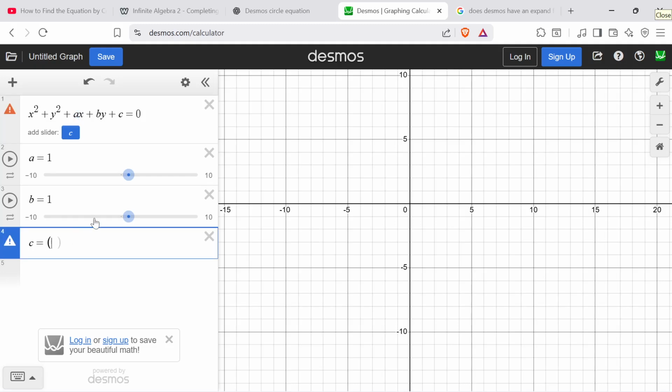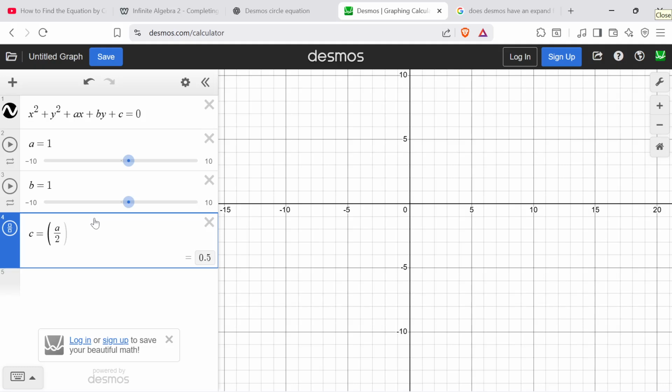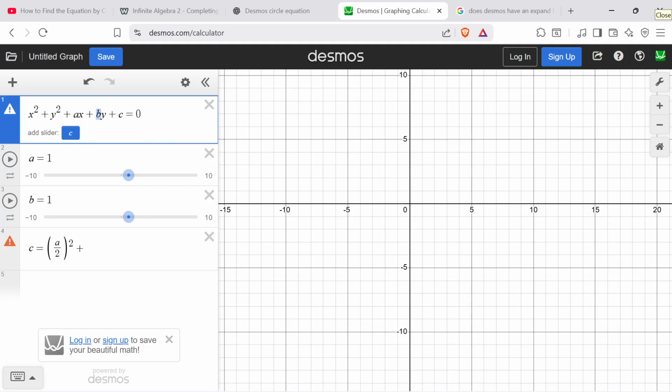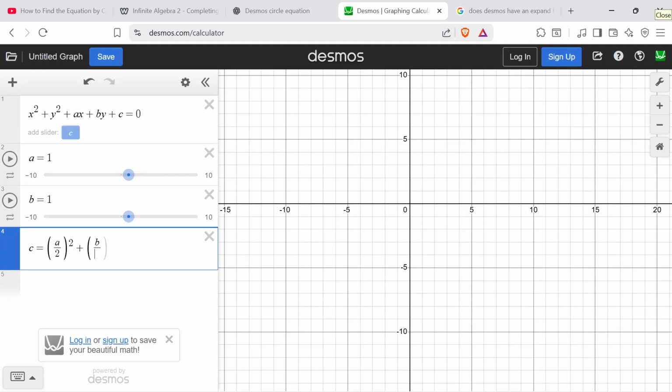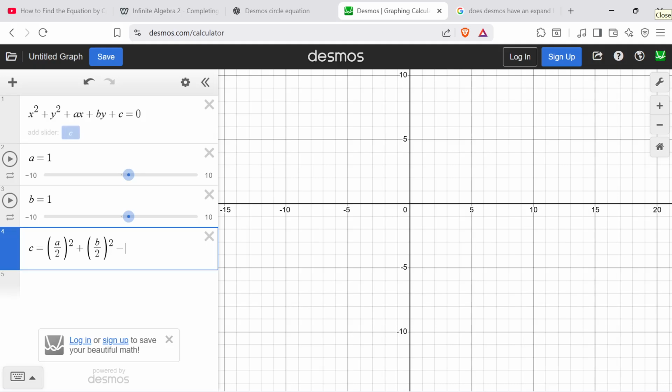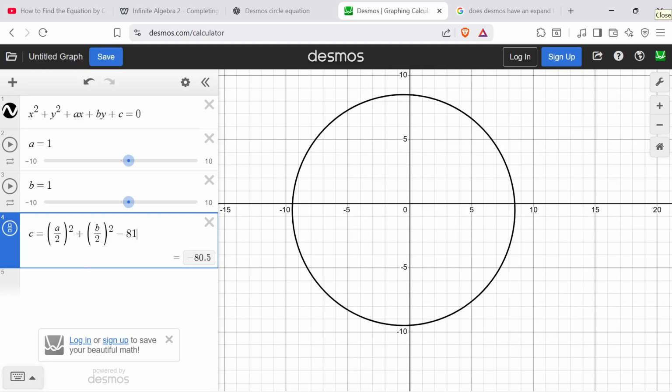So c equals a over 2 squared plus, and then the same thing, I take whatever's in front of the y, I divide it by 2 and then I square it, plus b over 2 squared, and then remember, it was equals 81, but I want it to be equal 0, so I had to subtract 81 from both sides, and that's what c equals. A over 2 squared plus b over 2 squared minus 81.